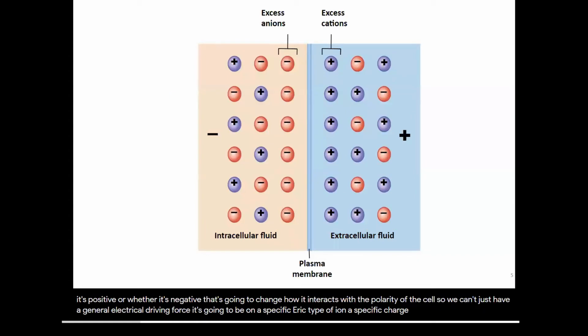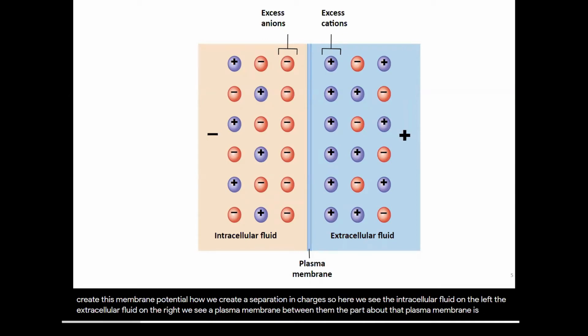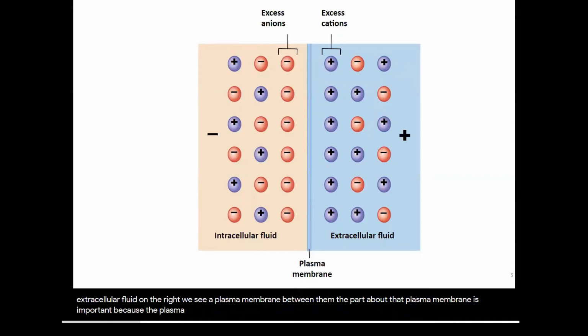So this is a picture of how we could create this membrane potential, how we create a separation in charges. So here we see the intracellular fluid on the left, the extracellular fluid on the right. We see a plasma membrane between them. And the part about that plasma membrane is important because the plasma membrane separates these two fluids, and charged particles cannot cross this membrane without specific transporters.